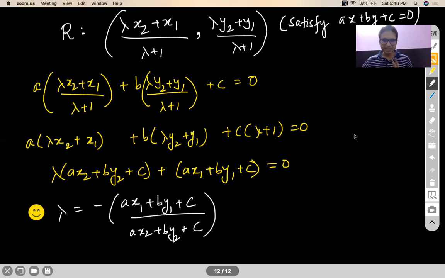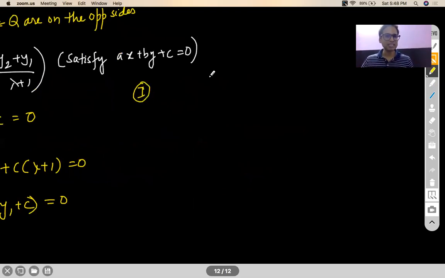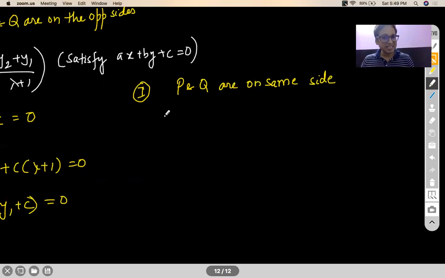Now, if it is case 1, where the points are on the same side, then in this case, remember my dear, lambda would be negative, correct?